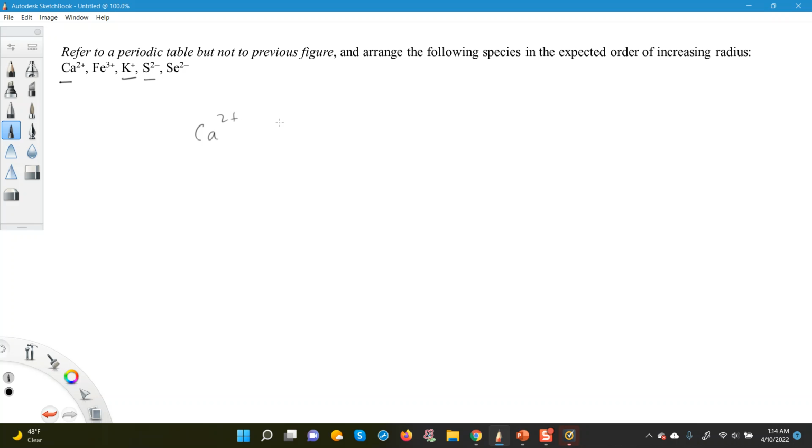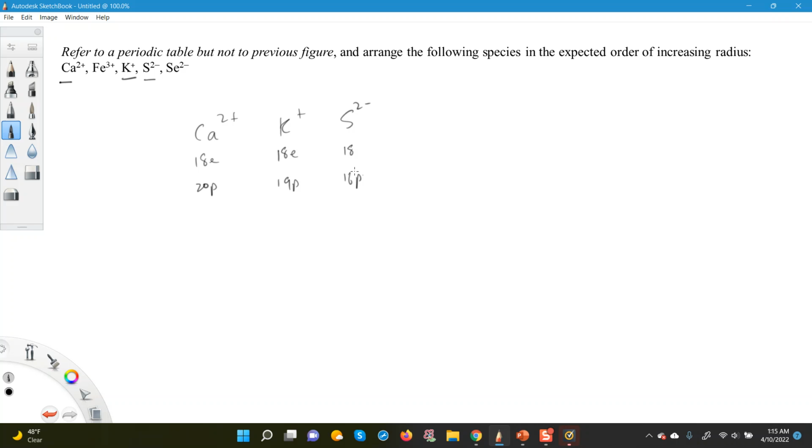Calcium, potassium, and sulfide. And the reason why I say they're isoelectronic is because they all have, in the case of calcium, 18 electrons, in the case of potassium, 18 electrons, and in the case of sulfide, 18 electrons, right? Now the difference is that in the case of calcium, this has 20 protons, potassium has 19 protons, and sulfide will have 16 protons.